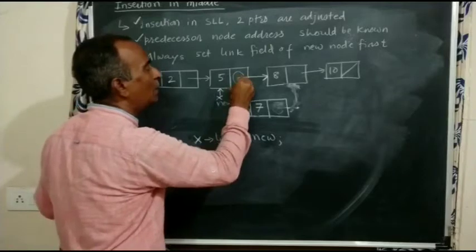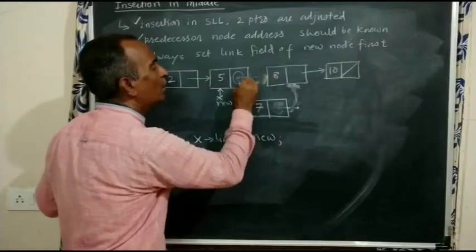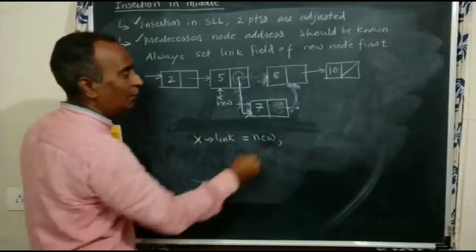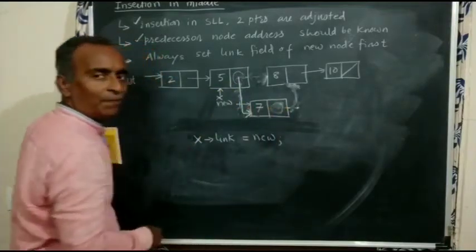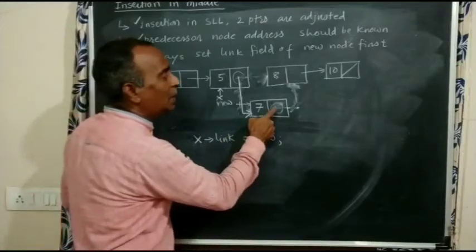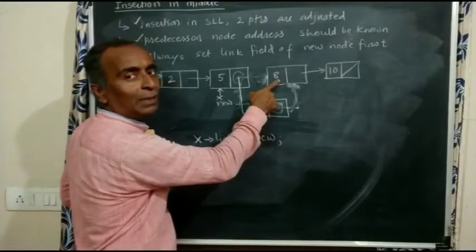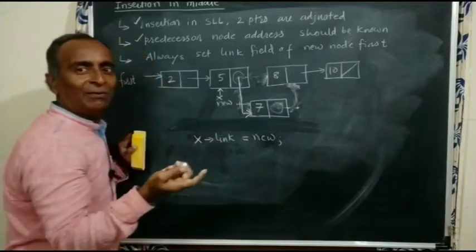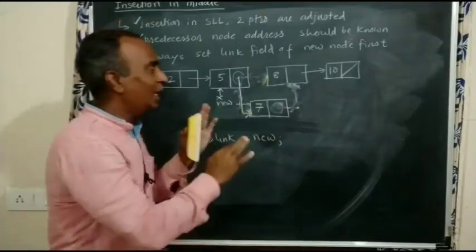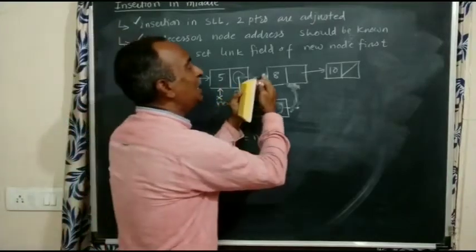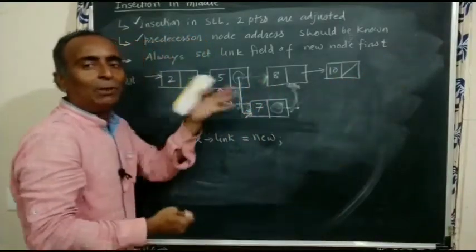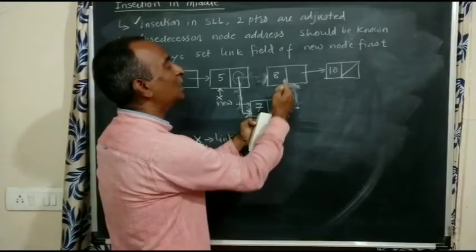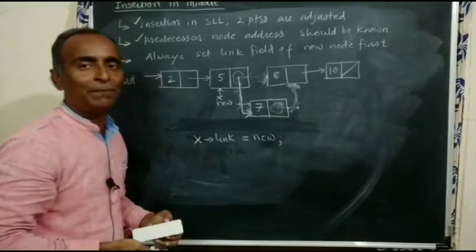Assume first you have done this, so you have set this pointer. Now which pointer do you have to set? This. Which address do we want? This node's address. Do we have this node's address anywhere? No. We don't have it anywhere, and in this way we are losing the entire list. We may not find it, because you cannot adjust this link field as this node's address is not there.